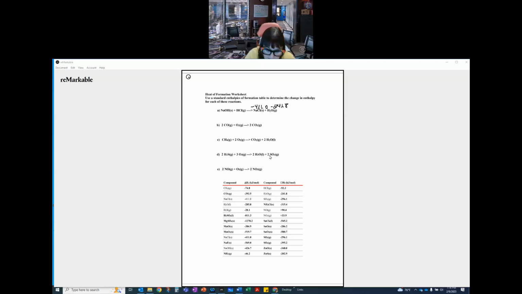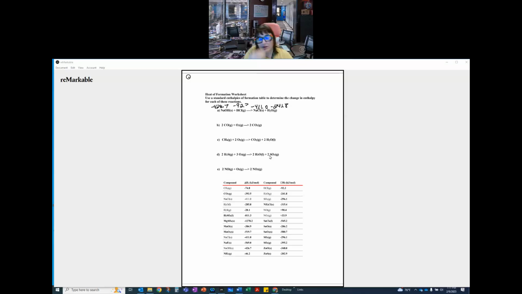NaOH solid is negative 426.7. And HCl gas is listed somewhere. It's gotta be in this list. Where the heck is it? Oh, there it is. I keep looking right past it.